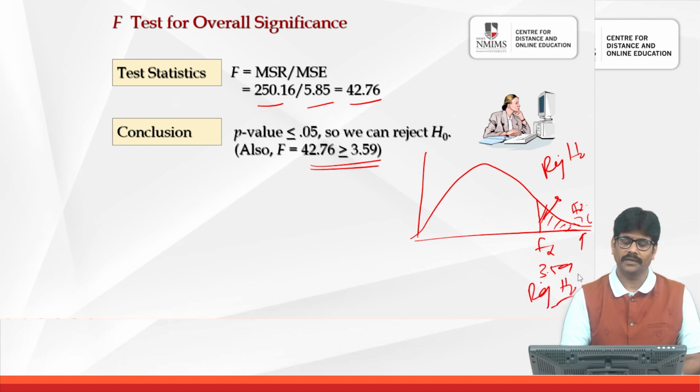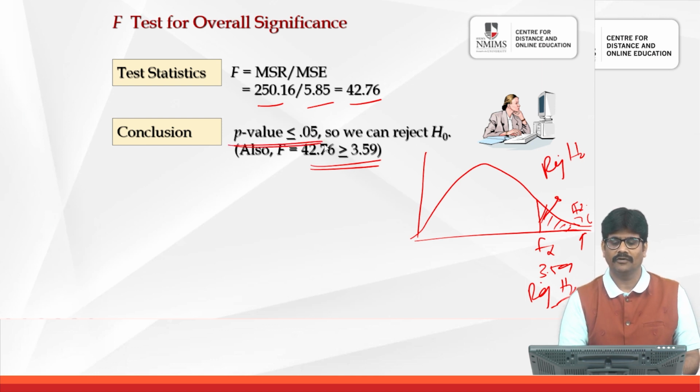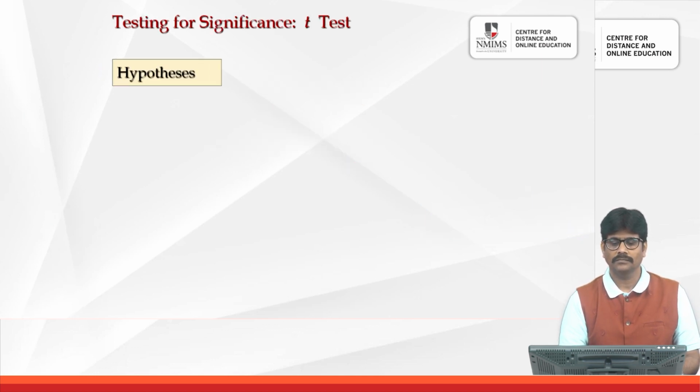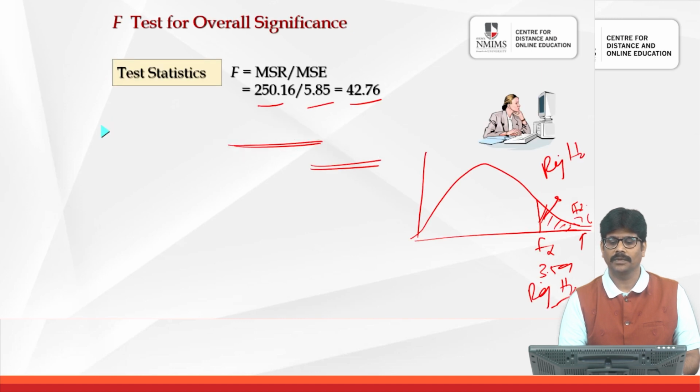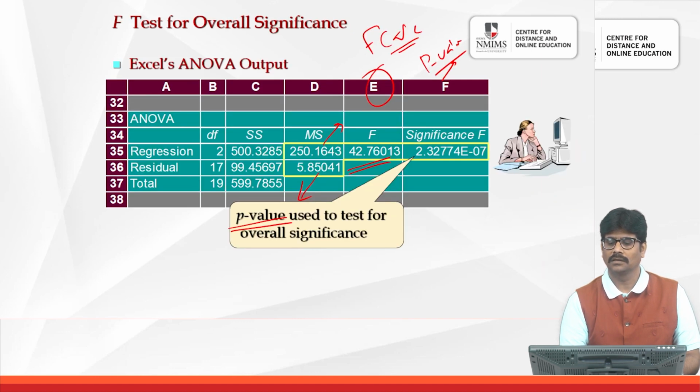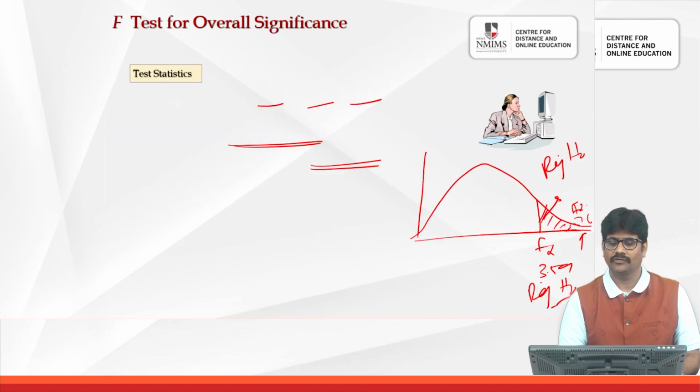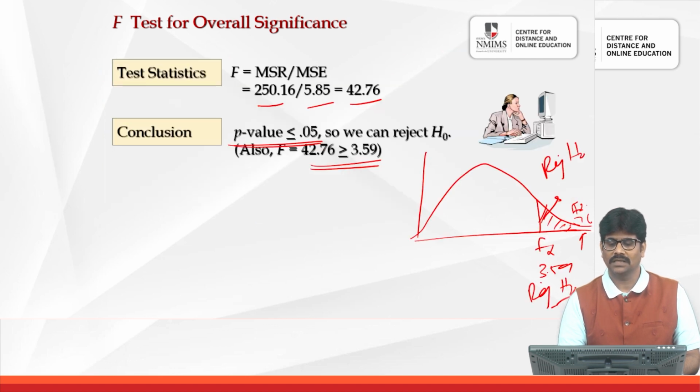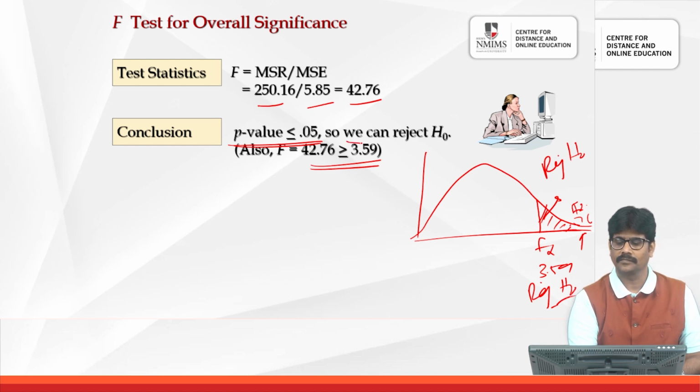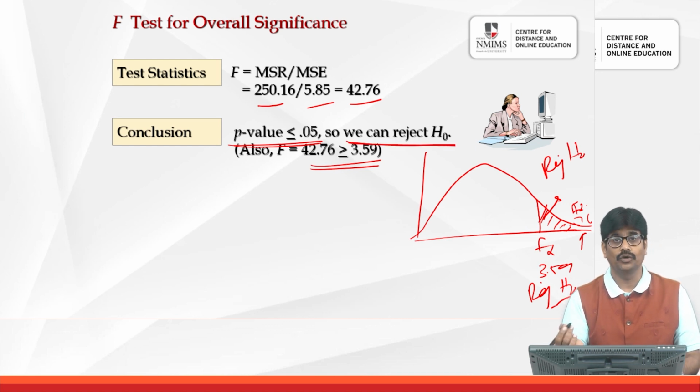The same is complemented by the p-value, which should be less than or equal to alpha. The p-value here is 2.32 times 10 to the power minus 7, obviously much less than 0.05. Since the p-value is less than alpha, we reject the null hypothesis, which is good news, as it means there is an overall model fit.